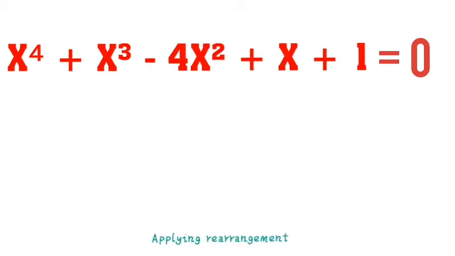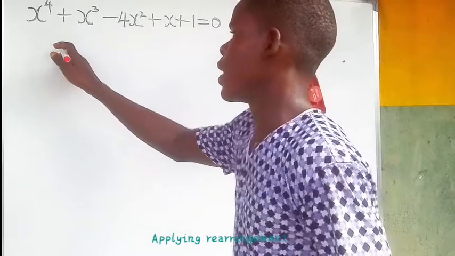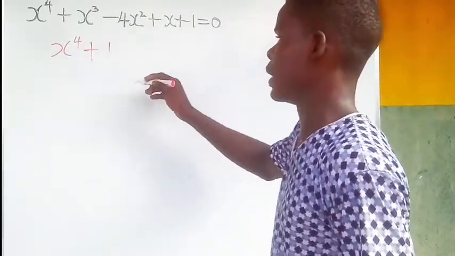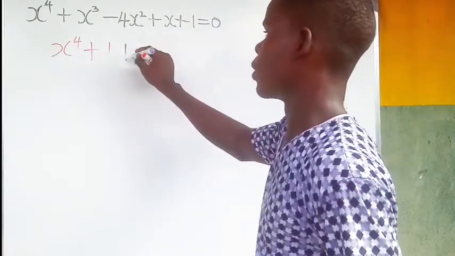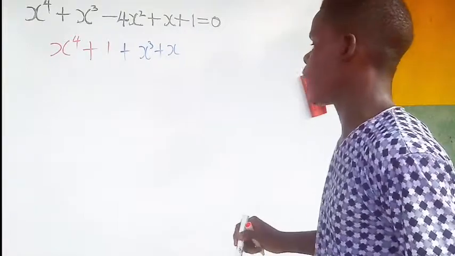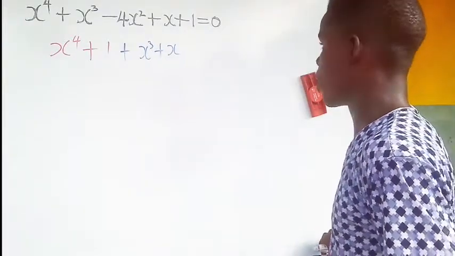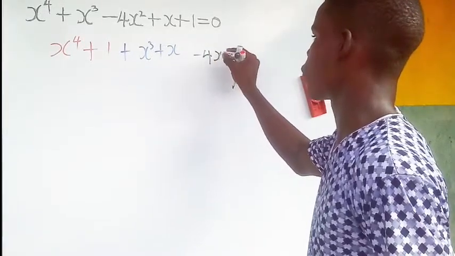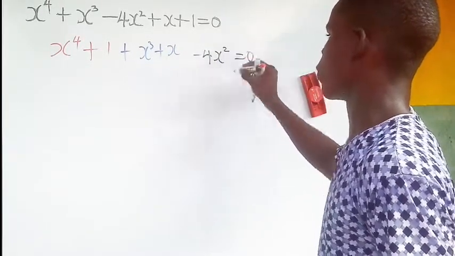Now this is what I'm going to do. I'm going to rearrange it this way: x to the power 4 plus 1, plus x to the power 3 plus x, minus 4x squared, equal to 0.